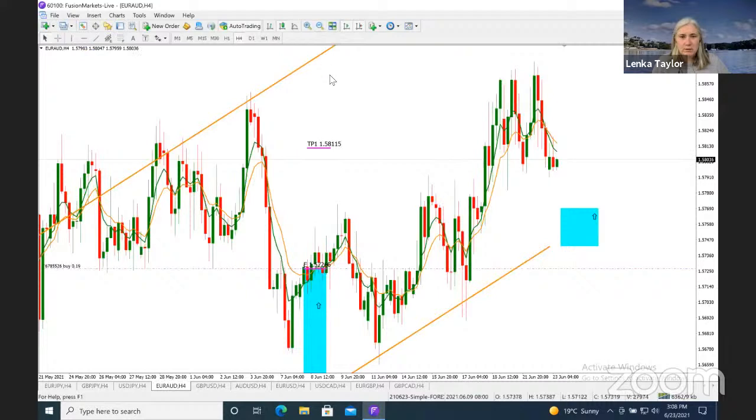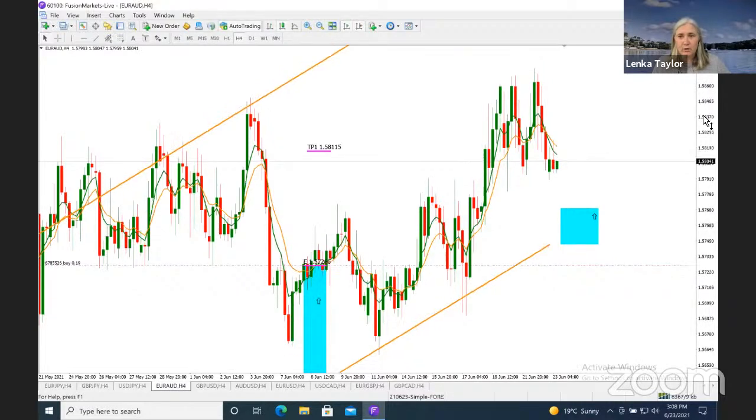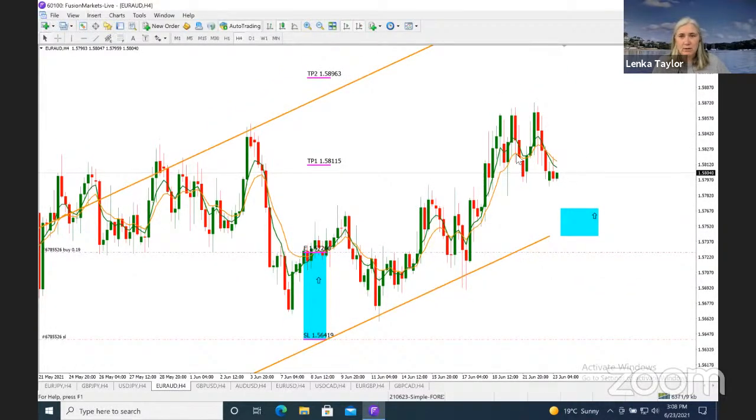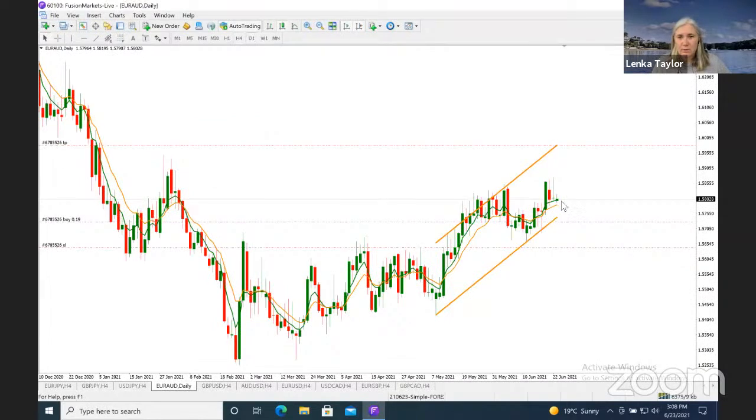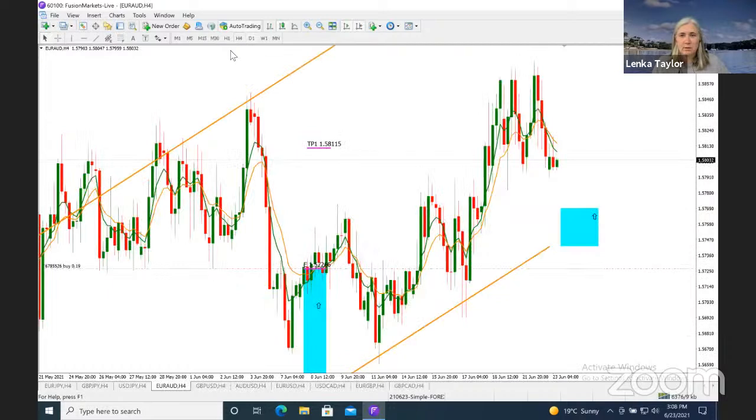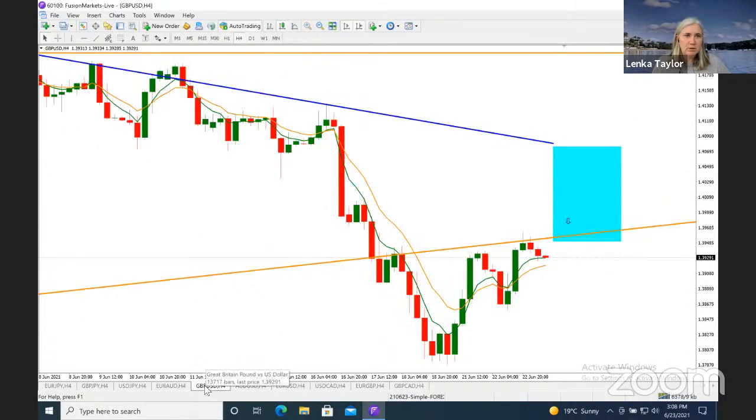This is also a trade that was entered already, so I'm just holding in that trade. Already cleared TP1. Direction still looks good, so let's see what happens with that. Still holding in there.